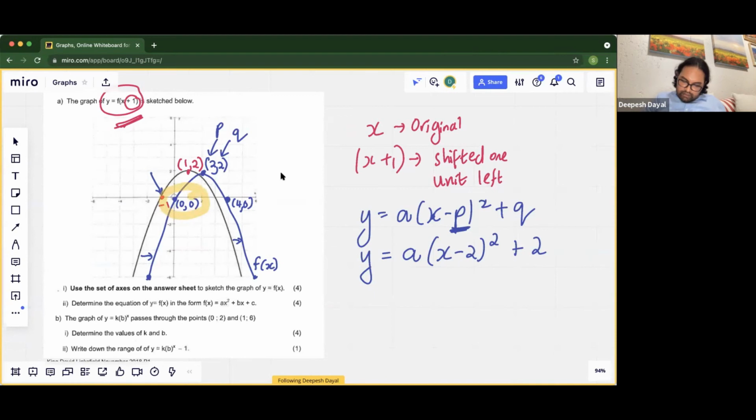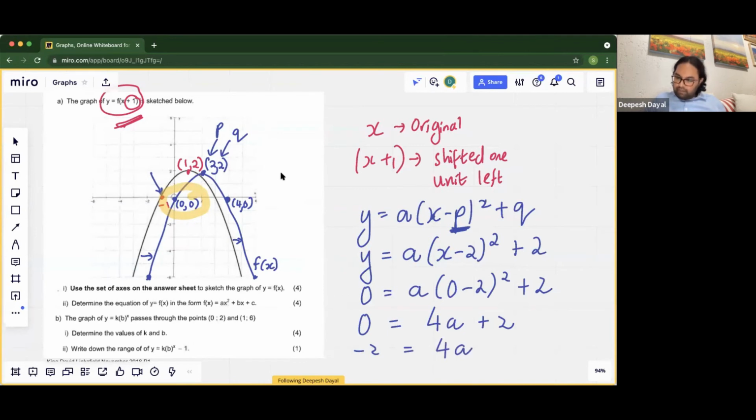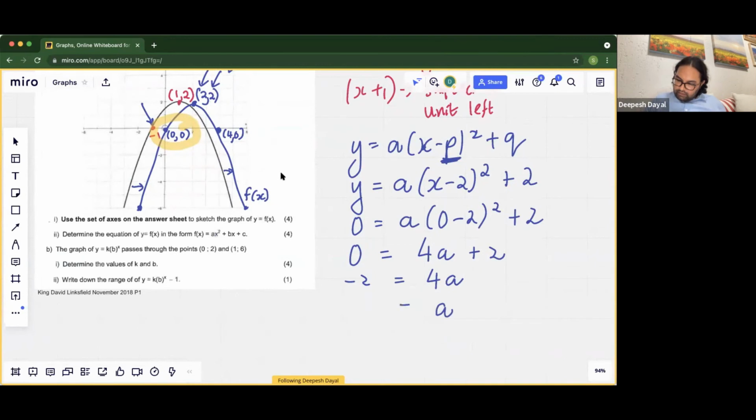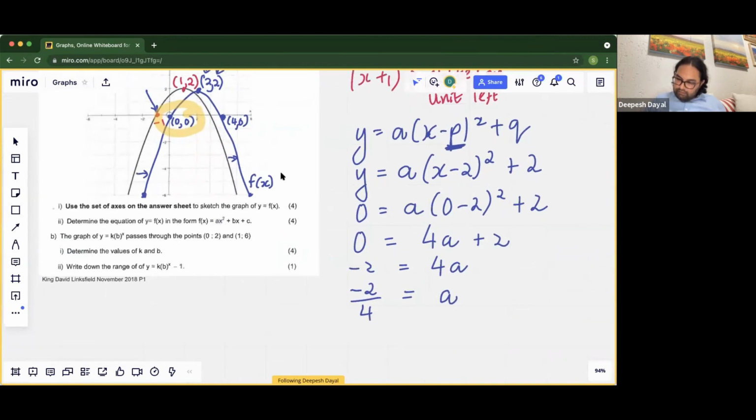So I'm going to say here 0 = a(0 − 2)² + 2, and then it's going to be 0 = 4a + 2. So then −2 = 4a, and a = −2/4, which is −1/2.